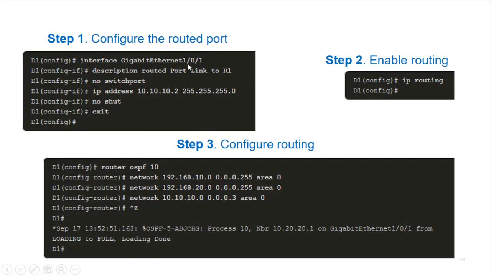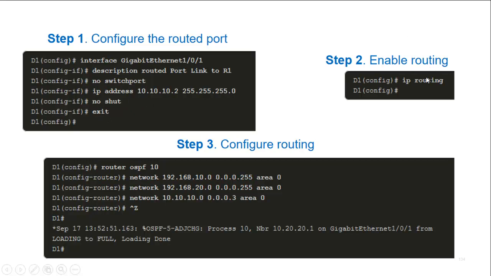If you remember from the topology, this interface is linked to R1, right? So we give a description, no switch port. So we are saying to this interface, you are no longer a layer 2 switch port. You are going to be configured as a router port. We give it an IP address, a subnet mask, and then we activate it with no shutdown, and then we exit.